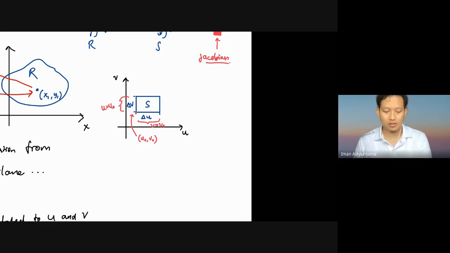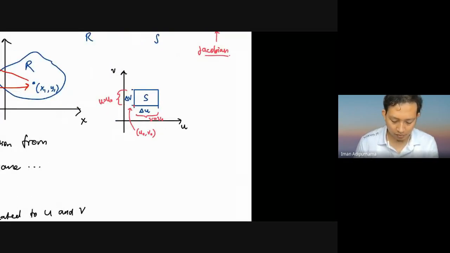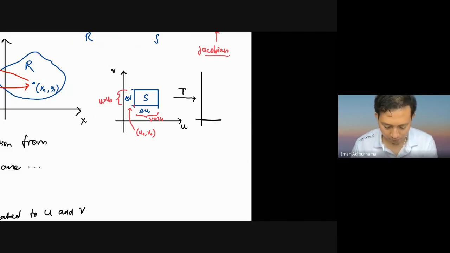It's u0. And then let's say we transform this into xy coordinates.